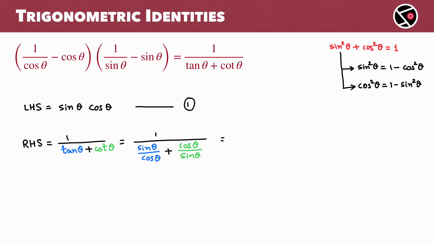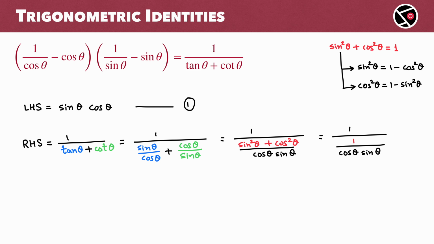This equals 1 divided by (sin square θ plus cos square θ over cos θ sin θ). Sin square θ plus cos square θ is 1. So we have 1 divided by 1 over cos θ sin θ. So our right hand side equals sin θ cos θ. This is equation number 2.